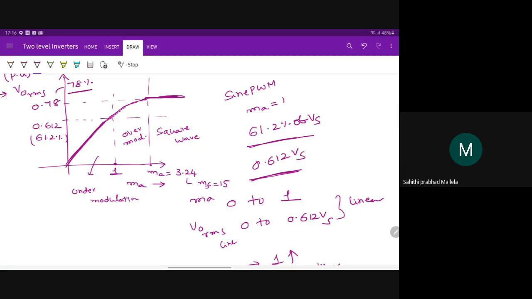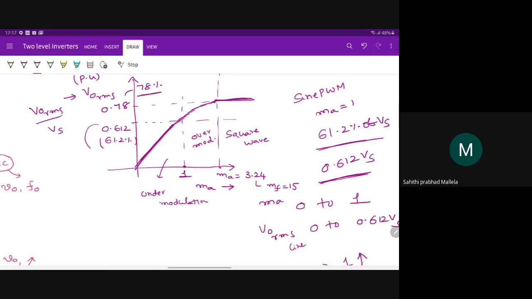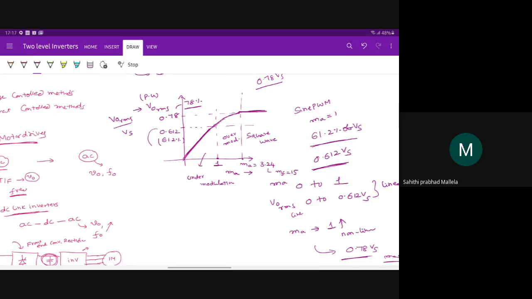If we consider MF is 15, then to operate the inverter in square wave, we can go up to 3.24, and after that the inverter will operate in a square wave. Okay, so you need to remember this 0.612 times Vs. Many competitive exams ask these questions, right?